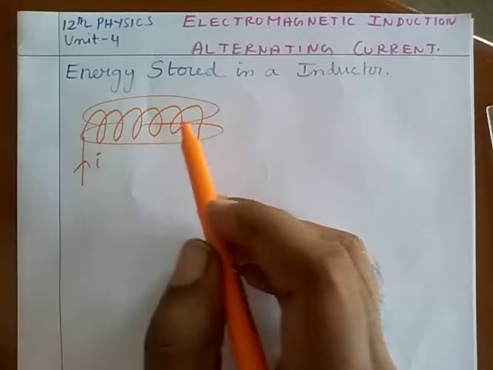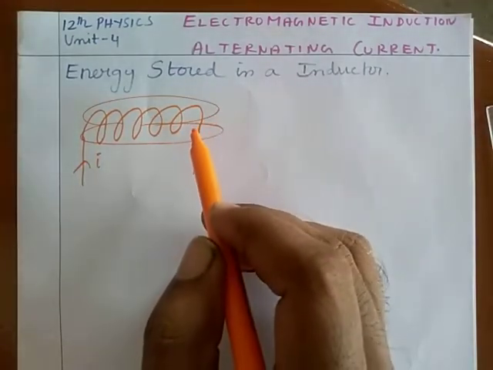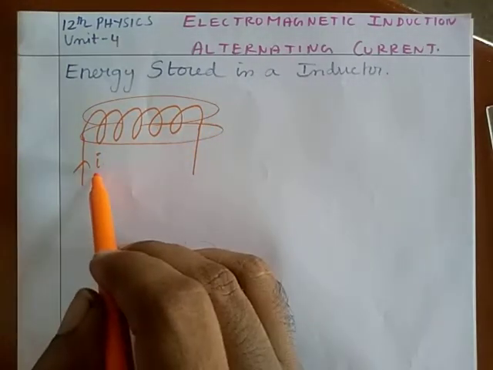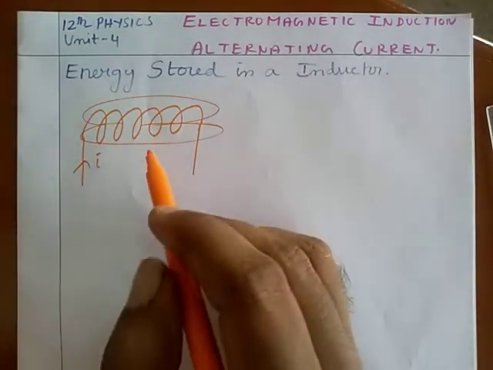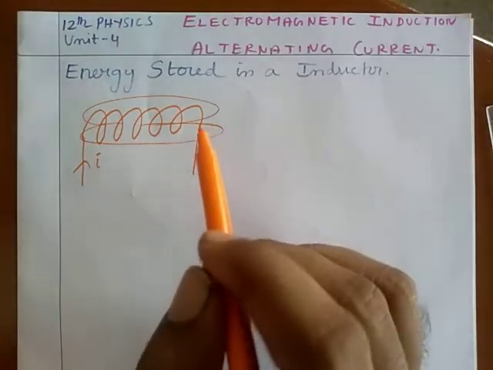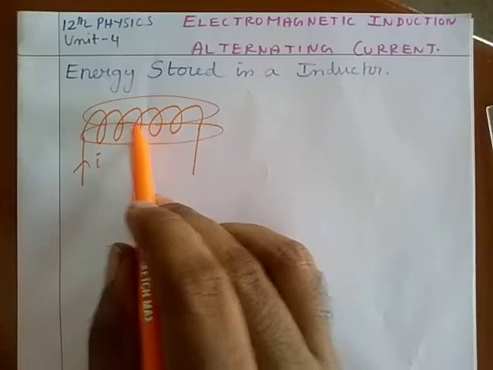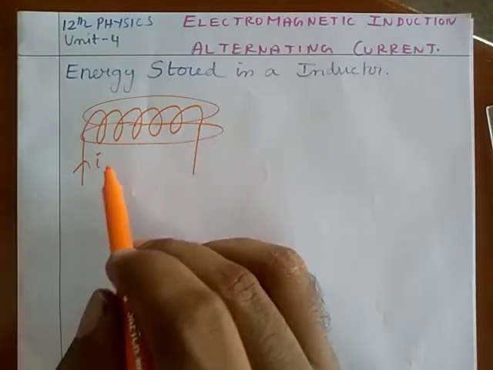According to Lenz's law, the effect opposes the cause. So this inductance opposes the growth of the current. Inductance is a property of the coil that opposes the growth of the current.